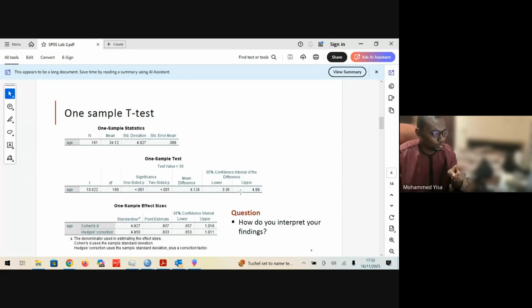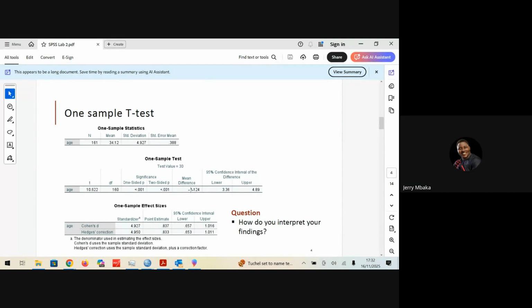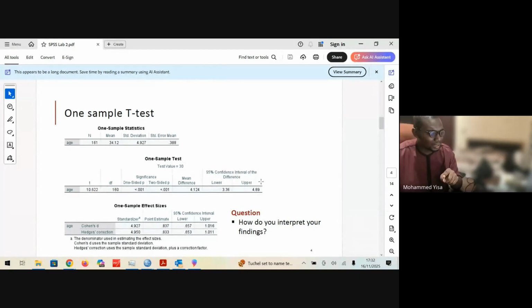No, because if you used a mean age of 4 point something, then your mean difference will be different. This mean difference gives you the difference between this 34.1 and 30. If you use a test value of 4.5, this would change. So this confidence interval is the confidence interval around this mean difference. What you just need to understand is that if this value contains 0, then it's not statistically significant.